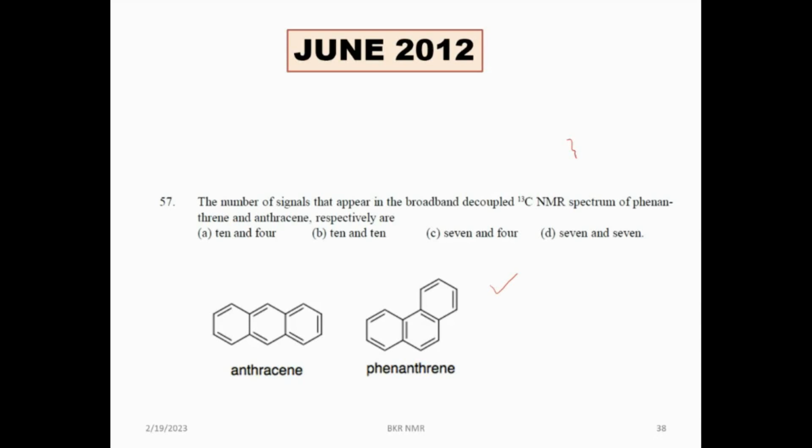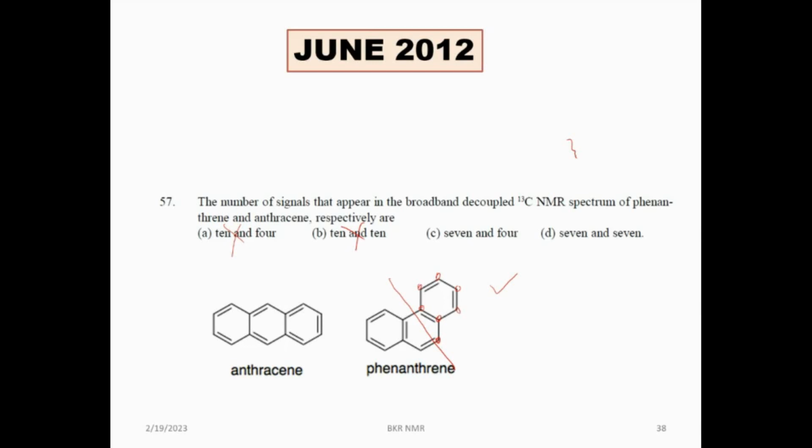How many planes of symmetry does phenanthrene have? Only 1. So in one half you count the carbons: 1, 2, 3, 4, 5, 6, 7. So phenanthrene is 7, option A is wrong, option B is wrong, so I can have either C or D.